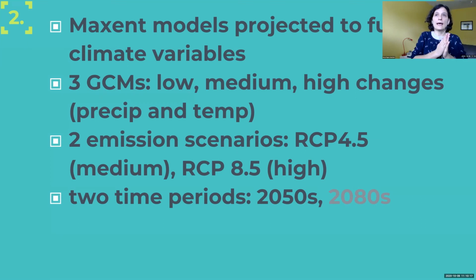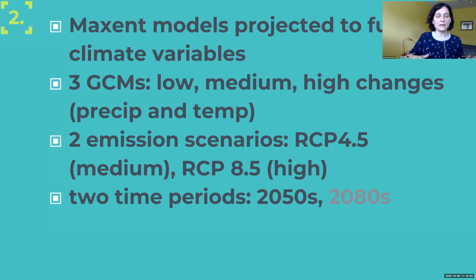So we have our baseline understanding of the climatic suitability for the species. We have that niche model, the Maxent model, and then we project that model on the same climatic variables, but these variables are now representing future conditions for 2050 and 2080 under different global circulation models and emission scenarios.